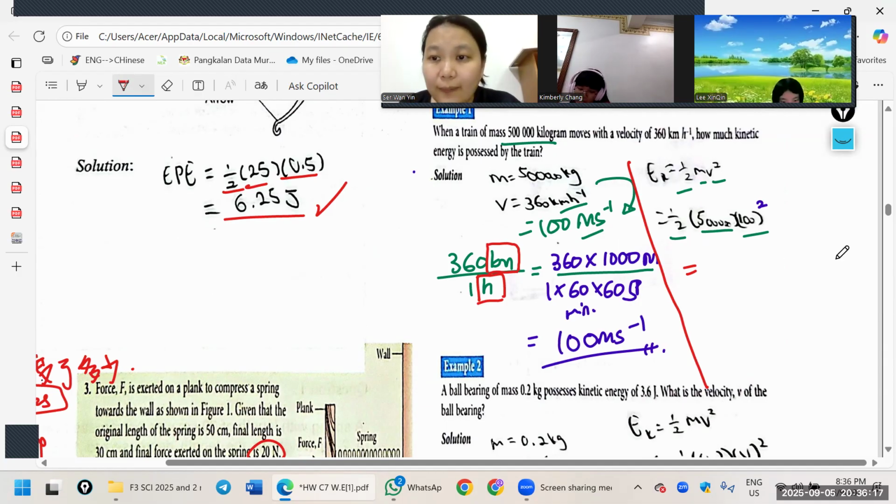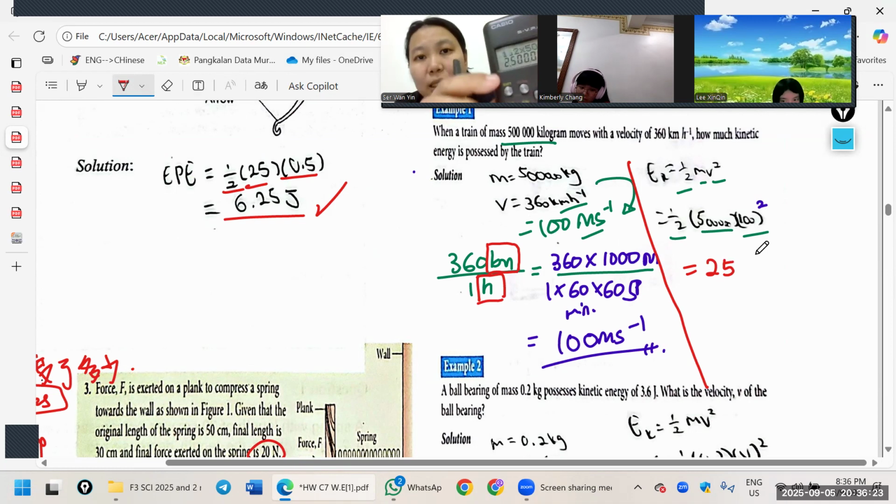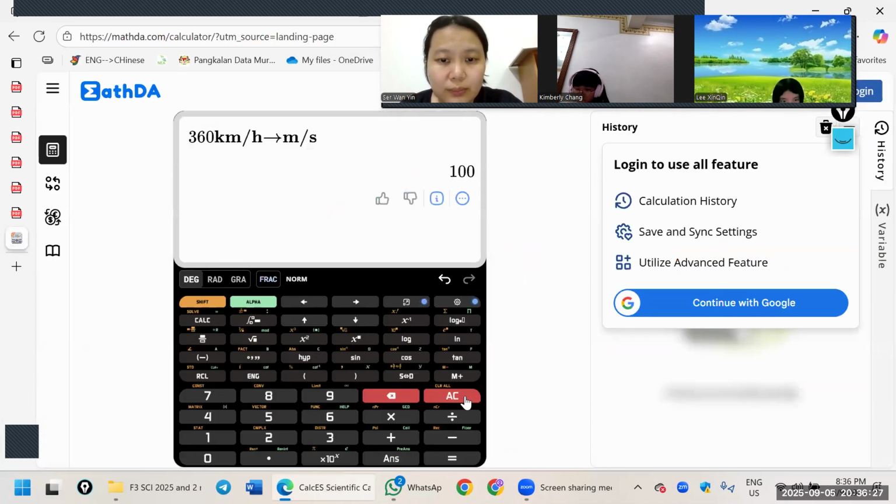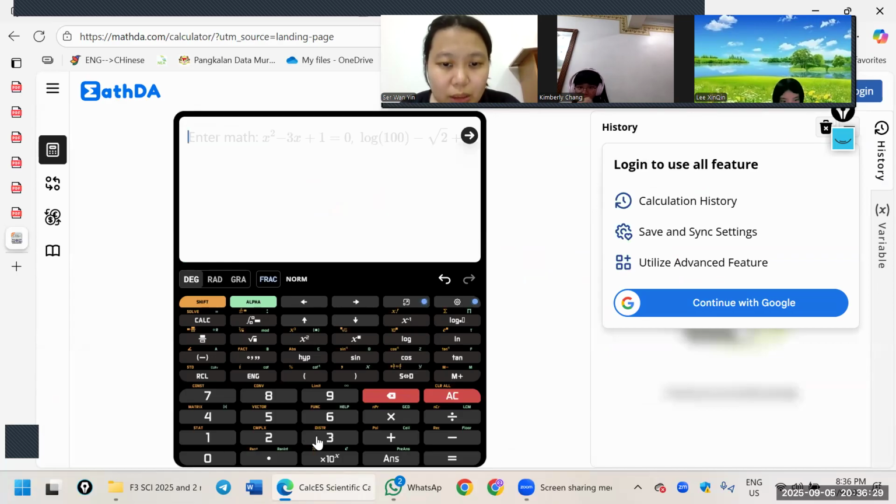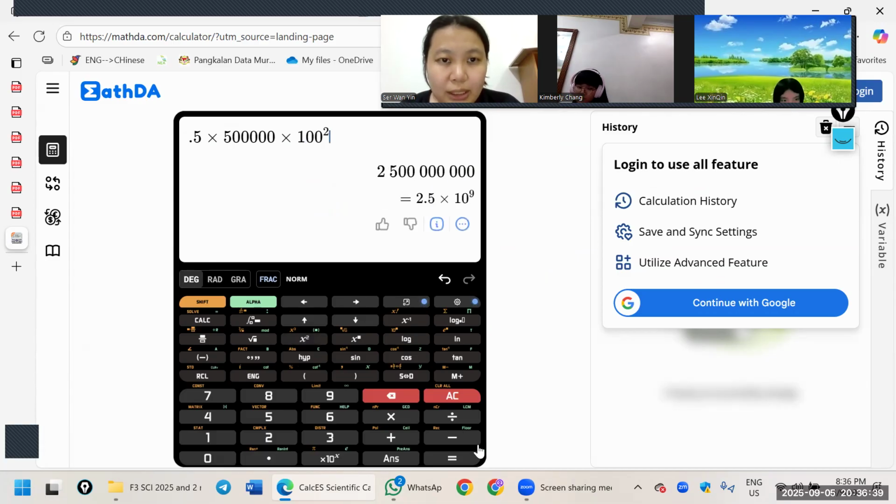So you will get 25. You can see in your calculator got, so it will be half 0.5 times 500,000 times 100 squared.